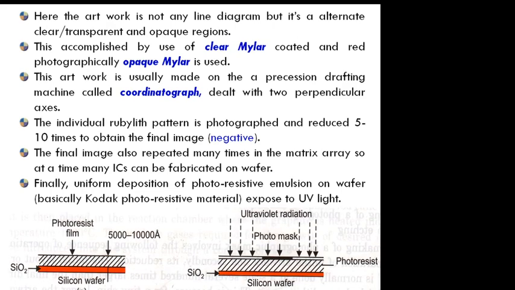A pictorial diagram from our book is given like this. I have a silicon wafer. The red layer is referred to as silicon oxide. When you oxidize in a tubular furnace, I think we had already discussed a multi-inlet tubular furnace having the possibility to connect different gases. On top of the silicon wafer, we deposit a photoresistive film, and this film is basically going to protect the silicon oxide.